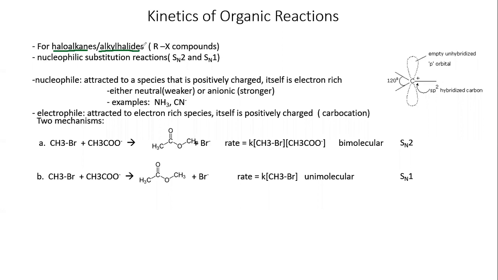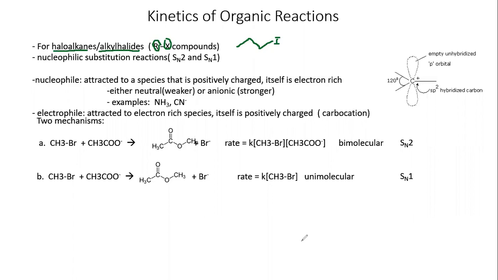So what does this mean? Alkyl halides or haloalkanes are a hydrocarbon with a halogen attached to it. So R is the hydrocarbon and X is the halogen. To give you a few examples, this is a haloalkane.